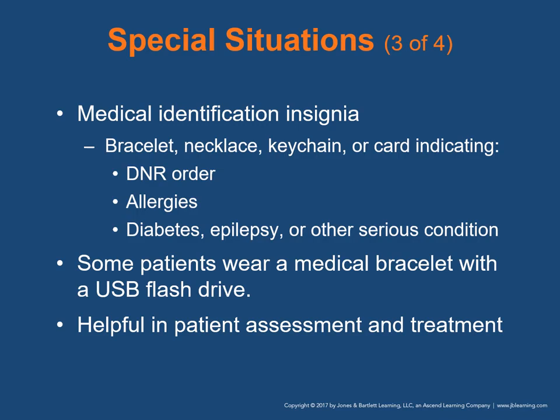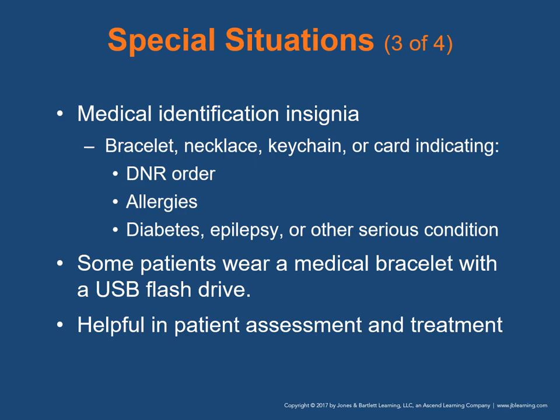Now, with medical identification insignia, you can also have the indication for organ donation and other specific medical circumstances. With medical identification insignia, you might notice a bracelet, necklace, keychain, or a card indicating a DNR order, specific allergies, or presence of a chronic disease such as diabetes, epilepsy, or some other serious chronic medical condition.